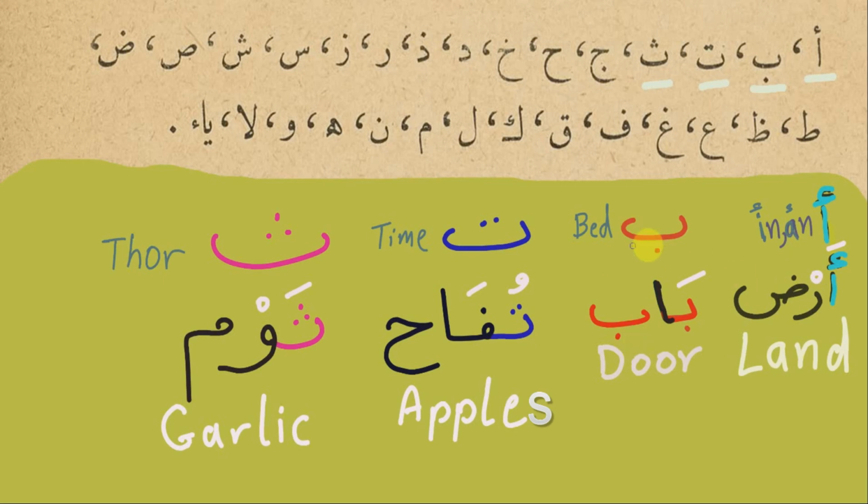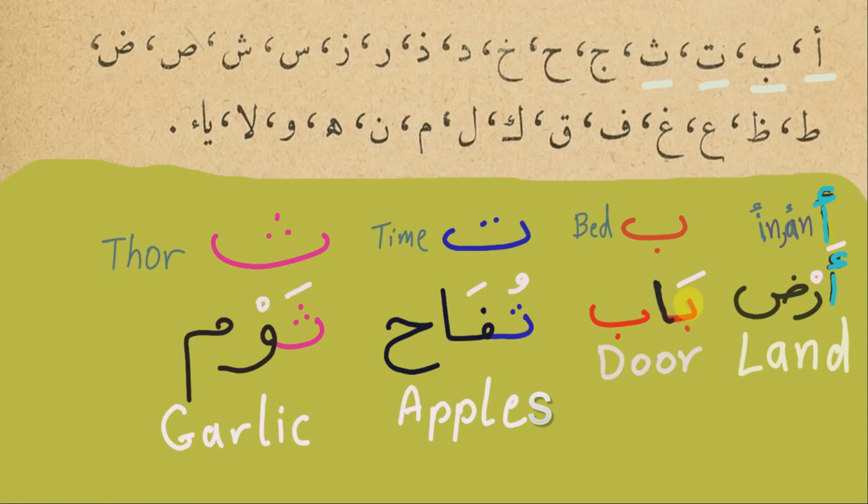The second one is ba, this ba here, as in bed. So here, these words, I gave the same color that I gave to this letter when it's written within a word. You see how it changed the shape, kept the beginning of it, then the other letter, the a here, came in and it changed the way it's written.